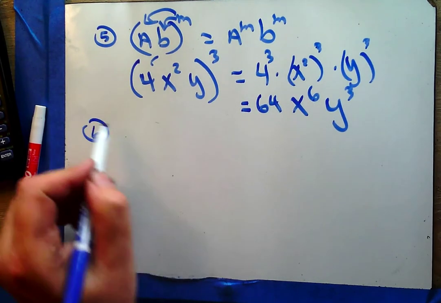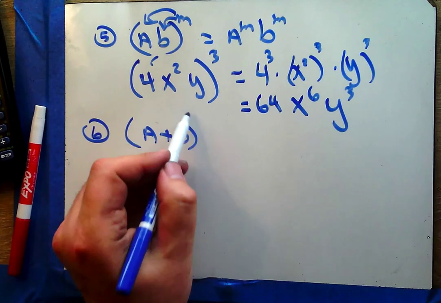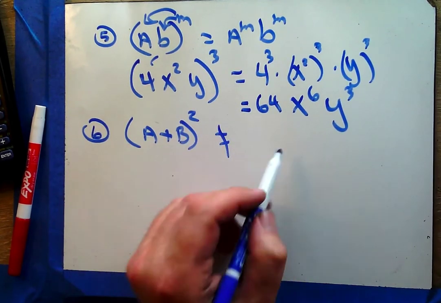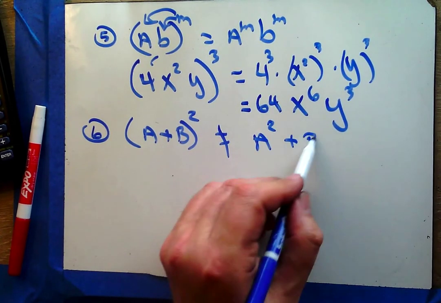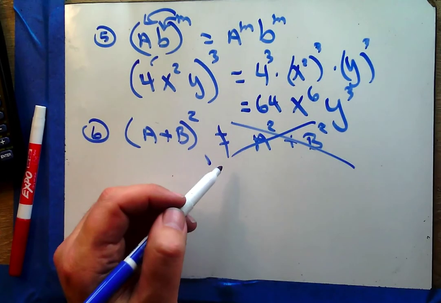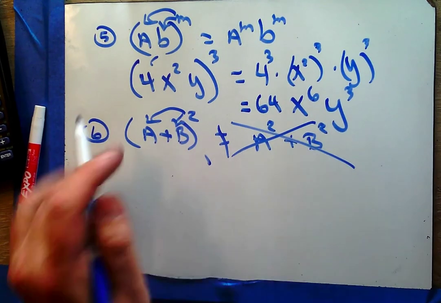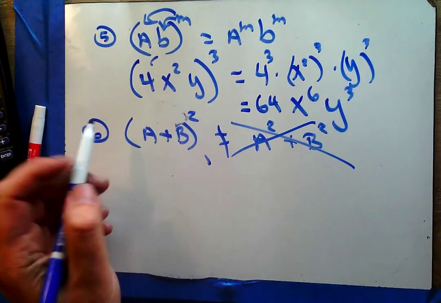However, when I have something like a plus b squared, that is not a squared plus b squared. And yet so many students are going to do it. They're just going to go boink, boink, and say, well, that's a squared plus b squared. No, it is not a squared plus b squared.